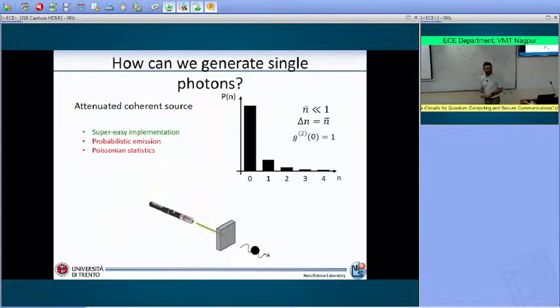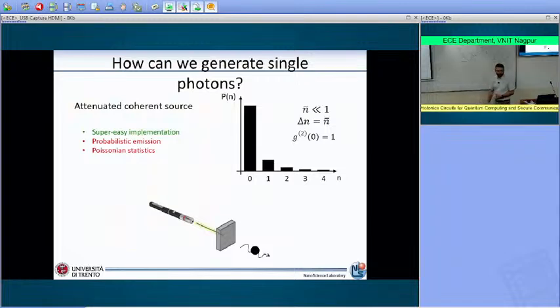The green are the advantages, the red are the disadvantages. The big advantage is that this is a super easy implementation. Okay? You can do it in any lab. You take a laser pointer, and you attenuate it to the level where you are able to distinguish all the single photons that are coming.